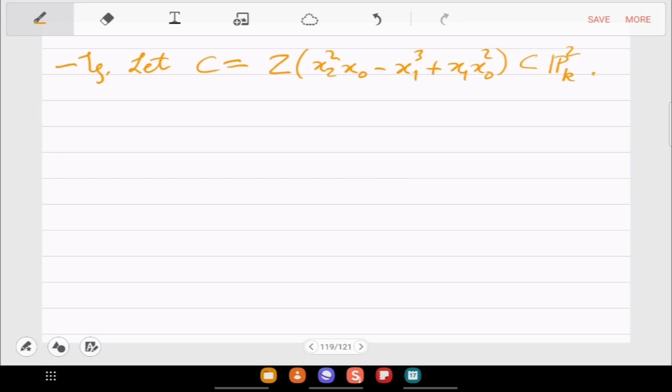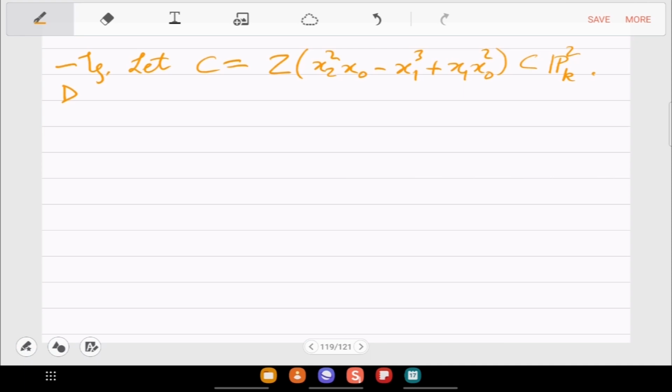This is embedded in the projective space, so it has three variables. X0 is the homogenizing variable. Basically the curve is just y square equal to x cube minus x, I think. The curve is simply that. It happens to be an elliptic curve.